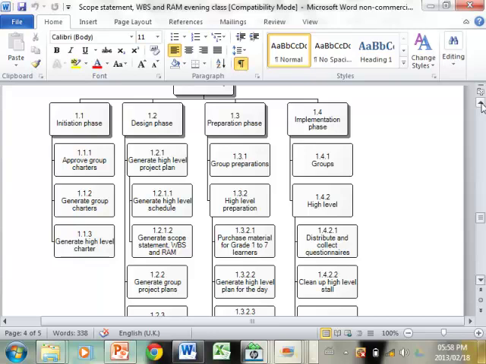All I want here is to know what are all the things that I must do to get to that. And it doesn't matter where I put roof, because there's no sequence information in the work breakdown structure. That comes later when I do the scheduling.